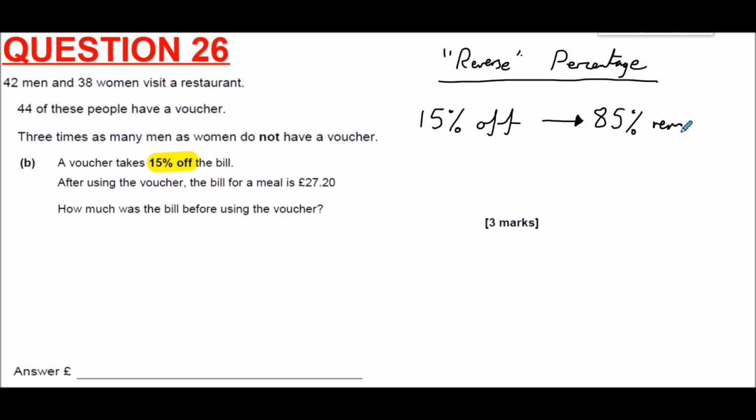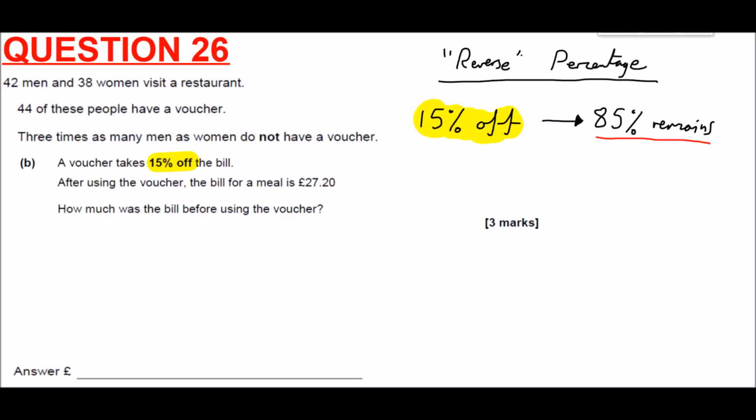So after the voucher's used, there's still 85% of a price to pay. And so rather than paying 100% of the bill, you're paying 85% if you have a voucher, which is obviously less than the full 100%.